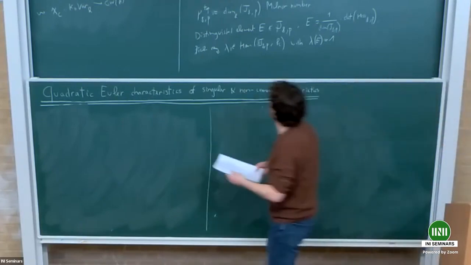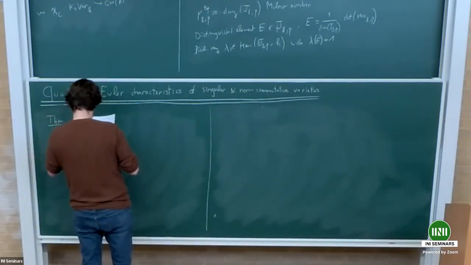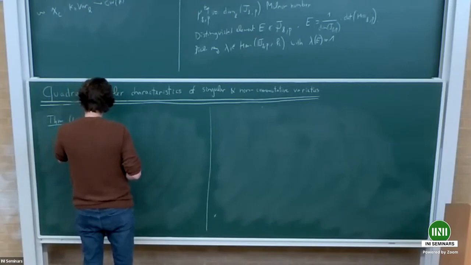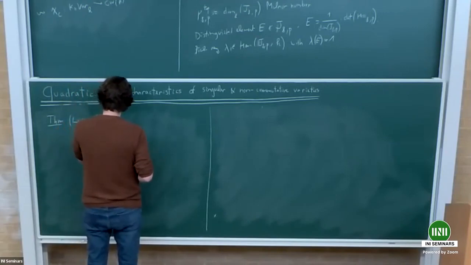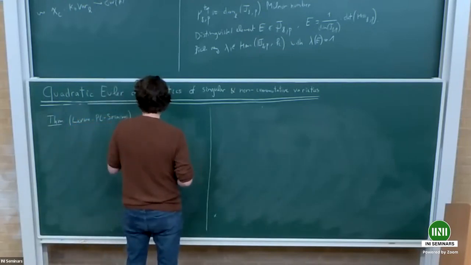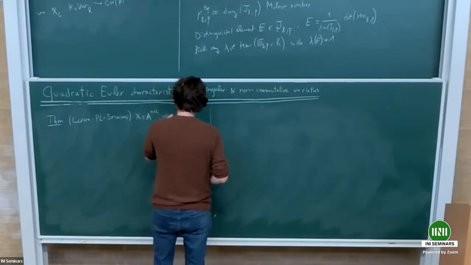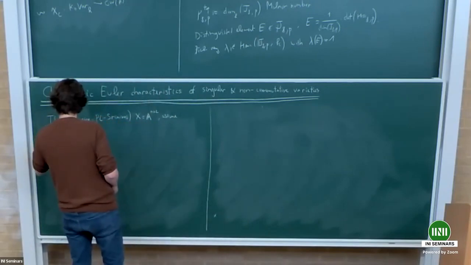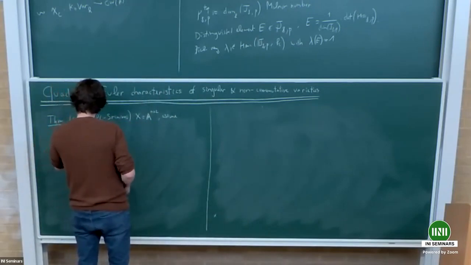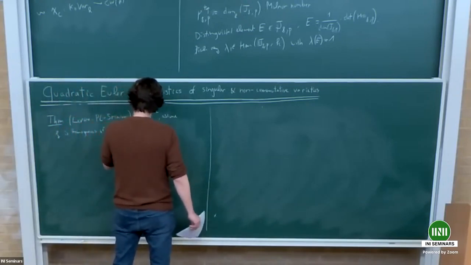And one thing that we did with Marc Levine and Srinivas is to apply this to the computation of the Euler characteristic of a smooth projective hypersurface. So roughly speaking, what you do is you take your X here to be of dimension n plus 2, and you assume that f is homogeneous of degree d, prime to the characteristic.